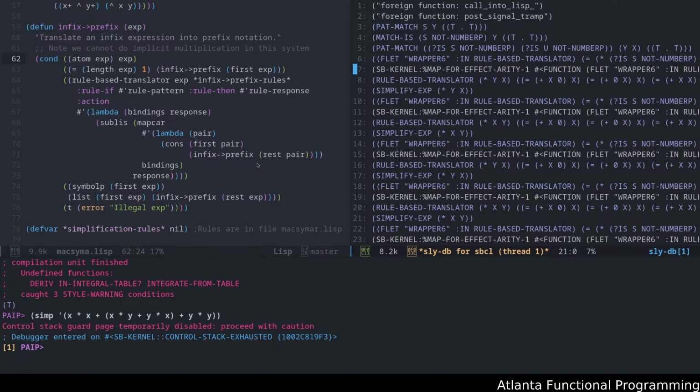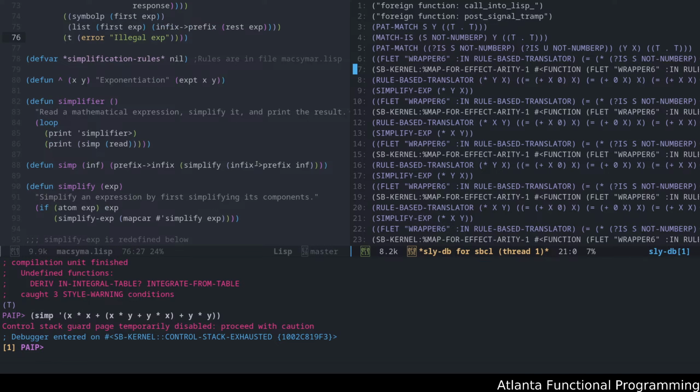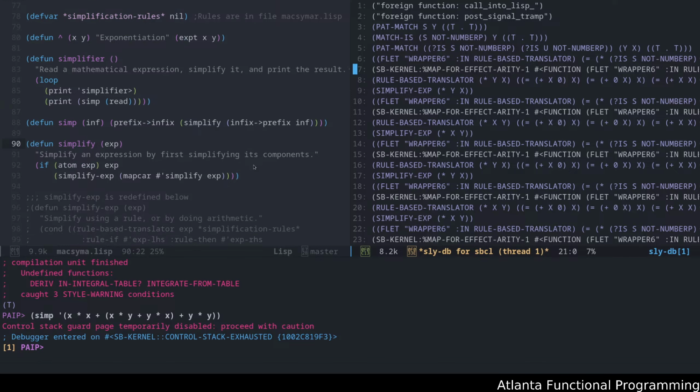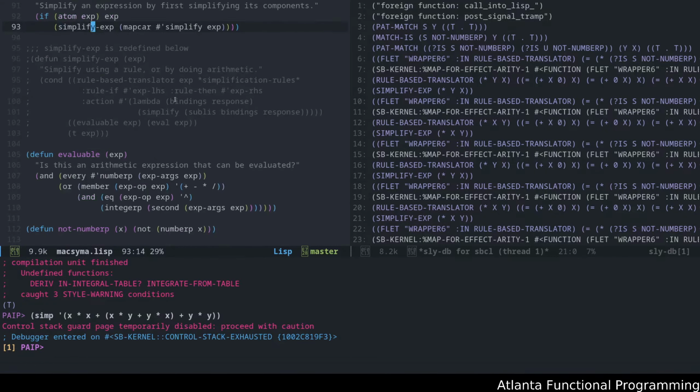This is in prefix expression to prefix expression using prefix rules. That's fine. Simplification rules, we'll deal with those later on. Exponential thing. Prefix, infix, simplify. Okay, so we called simplify on the additional expressions that were provided. See, this is what I thought we would do. And then if it's an atom, we'll do it. Otherwise, we'll keep on further evaluating it.